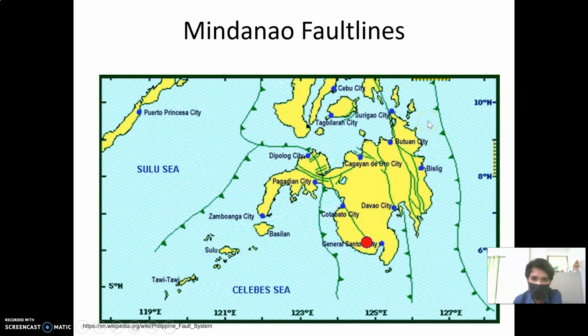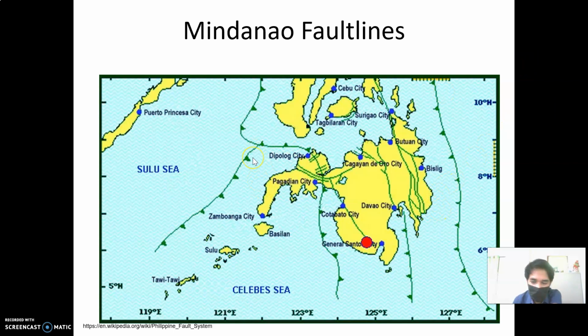Now let's talk about fault lines. Again, I already discussed last meeting that the Philippines is one of the areas in Southeast Asia that runs along the Pacific Ring of Fire. The Pacific Ring of Fire consists of areas with, for example, these fault lines.